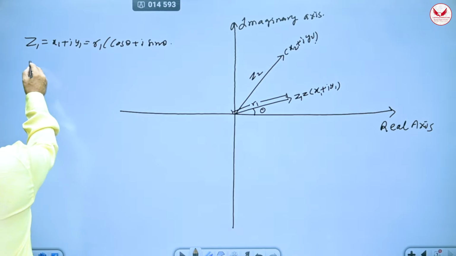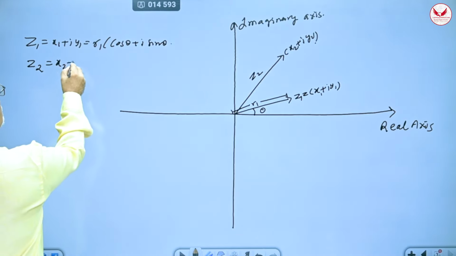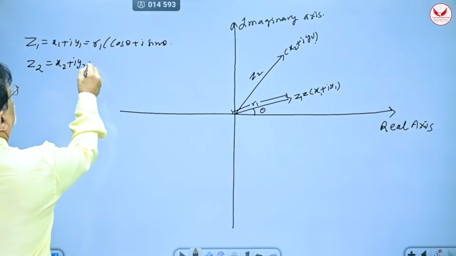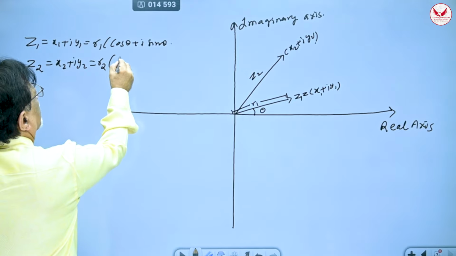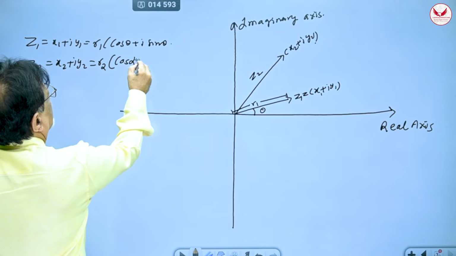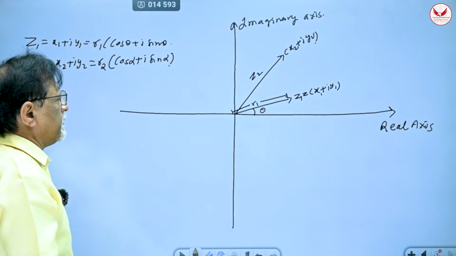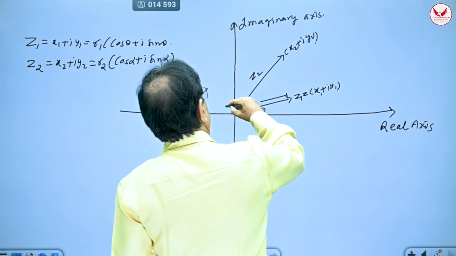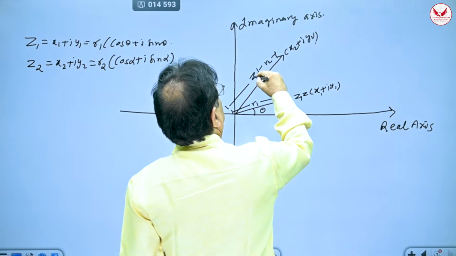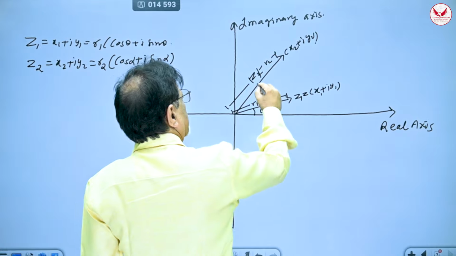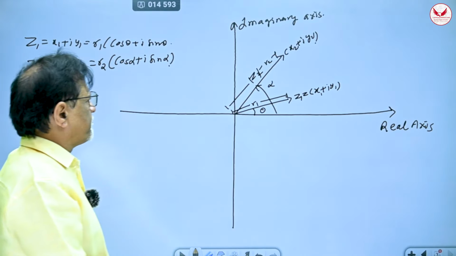Now Z2 will be what? X2 plus iy2, which can be written in polar form as R2 multiplied by, let us call it, (cos alpha plus i sin alpha). Very simple. So this distance here will be R2, correct? Only distance, okay? And then this angle is taken to be alpha, okay?